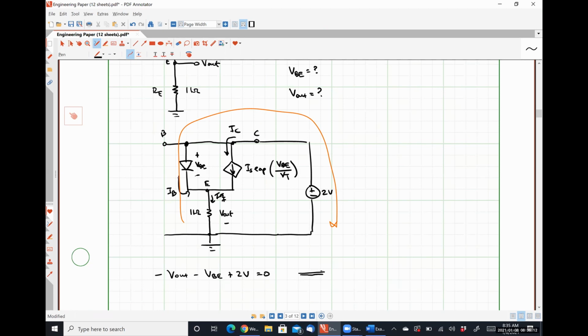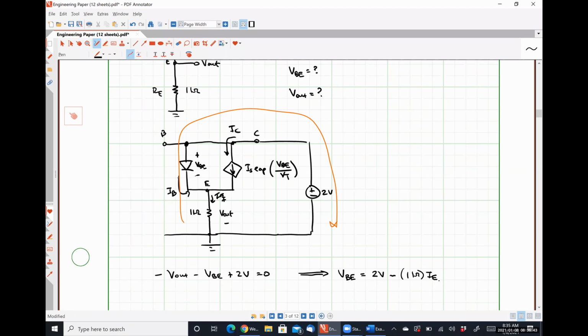So we could say then that VBE is 2 volts minus 1 kiloohm times IE. Anybody have any problem with that? Just use Ohm's law to replace V out with 1K times IE.